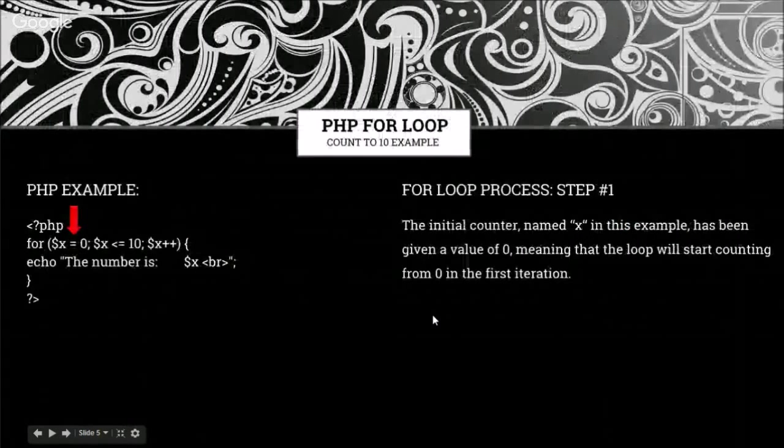And as we can see here, this is the initial counter, and in this example, the variable, we call it x, is set to a value of 0. And this is how the for loop is going to start.